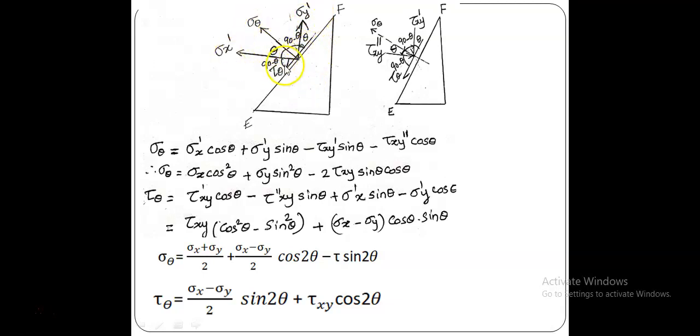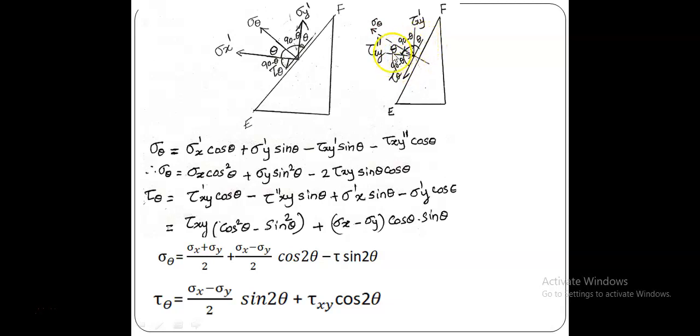Now just refer to this figure. In this case, the same sigma theta, there are tau xy dash in this downward direction, and tau xy double dash. These are the stresses on these inclined planes. We just resolve them with respect to this sigma theta.